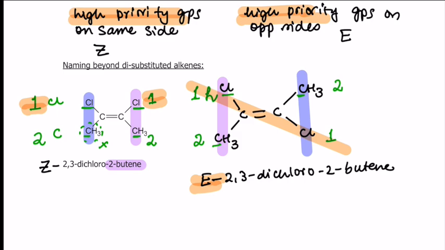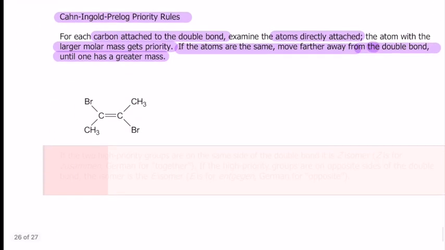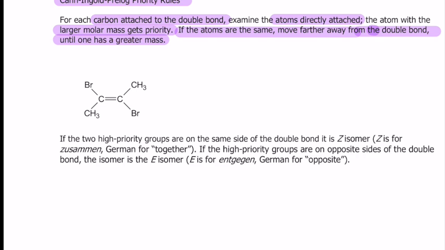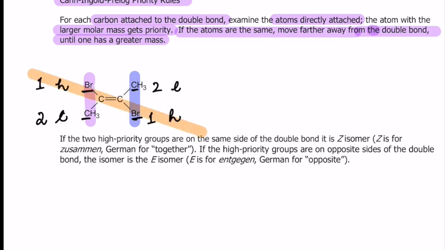Taking another example, you look for the group with the highest priority on one carbon and the group with the highest priority on the other carbon. So, who has higher priority between this bromine and this carbon? Well, bromine is high, this carbon is low, or you could write 1 and 2. And again, bromine is high, this carbon is low, and then we see that the two high priority groups are on opposite sides of each other, not neighbors of each other for these carbons.